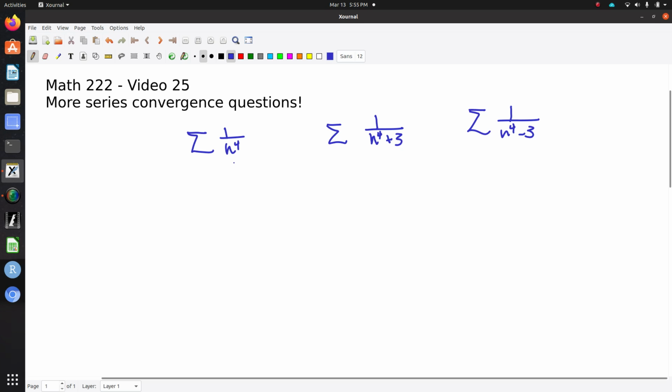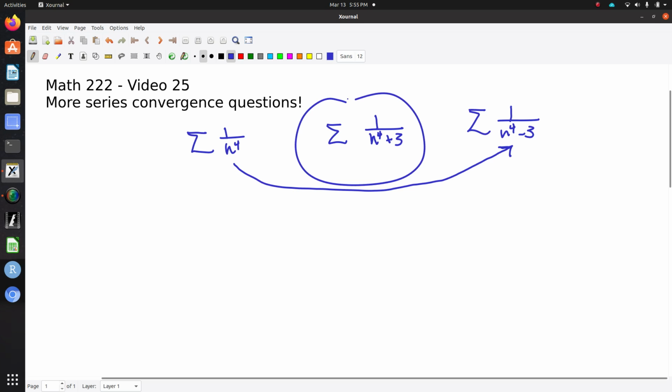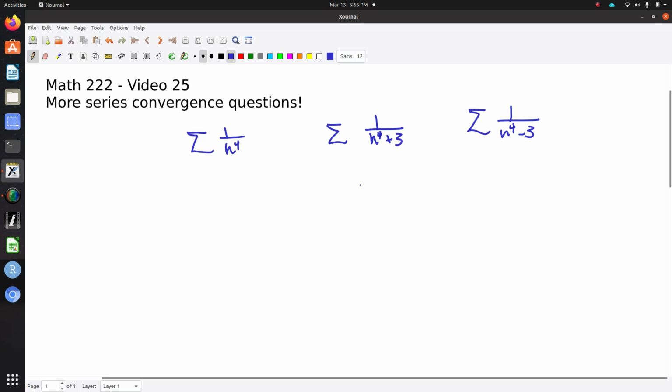Now what we're doing is we're leapfrogging past that and saying, okay, it's really silly to restrict ourselves to like +3 or like increasing this denominator. If you decrease this denominator by a smidge, it really isn't going to matter. And you could have actually used the comparison test and index shifting to do that, but it's just easier to say, look, we have another tool called the limit comparison test that lets us leapfrog directly from 1 over n to the fourth to 1 over n to the fourth minus 3 without worrying about index shifting.